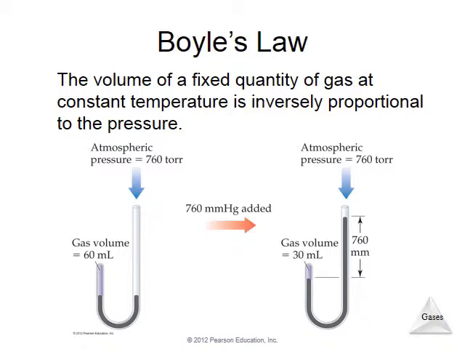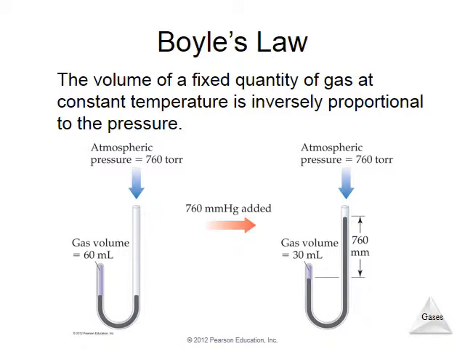So you think about if we have a balloon that has a certain volume and a certain pressure, and it's got a certain amount of air in it. That air is not going to change, and it's just at room temperature. So we've got a fixed quantity and we've got a constant temperature. Well, if I squeeze on that balloon, that is, I increase the pressure on that balloon, what's going to happen to the volume of the balloon?